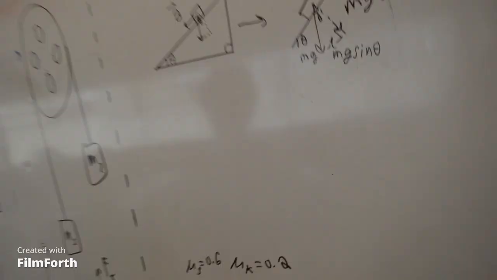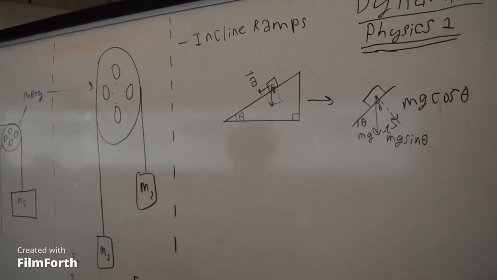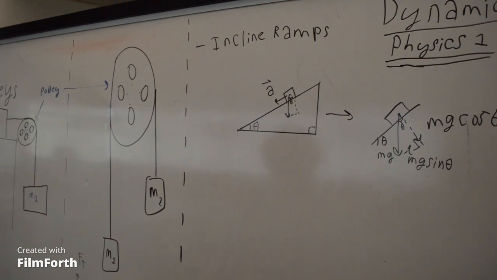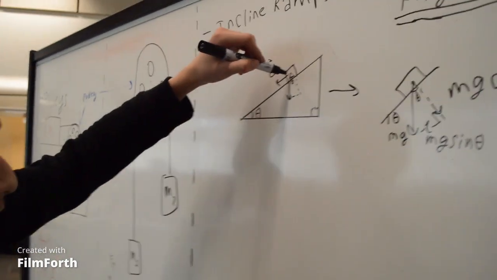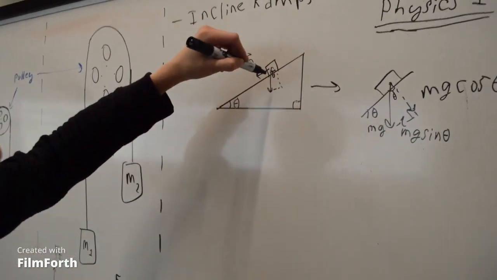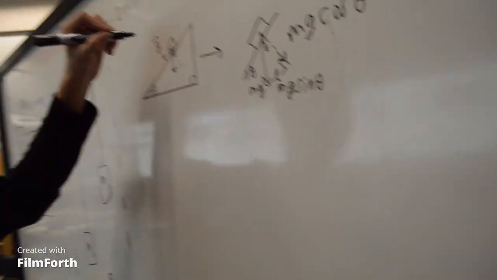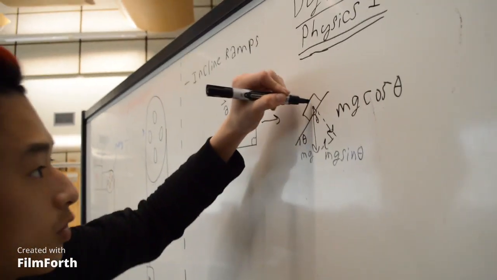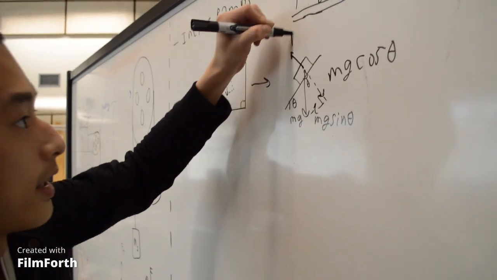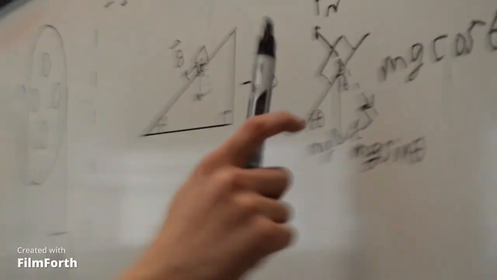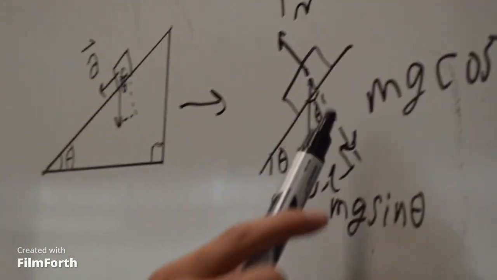Okay, now let's assume this is frictionless. How will we find the acceleration? Well, let's see. We have gravity here, but we split it into its components, so we can disregard the original vector. We have mg cos theta, and then we also have the normal force right here. Now this time, the normal force can cancel out with the perpendicular component of gravity, mg cos theta.